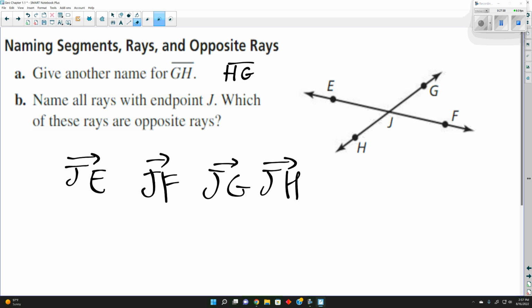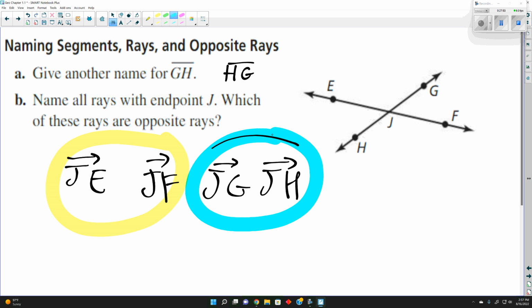That was convenient, because the next part we want to do is, I'm going to circle them because we want to see which ones are the opposite rays. So JE, and which other one would be opposite rays? And the other set is? Yep, those are the opposite rays because they make a straight line.